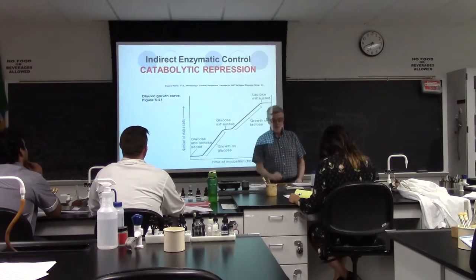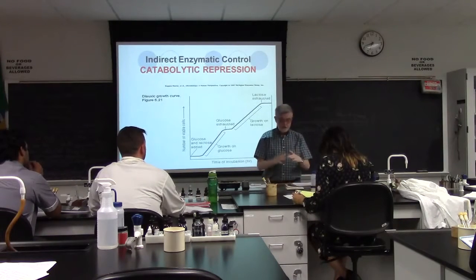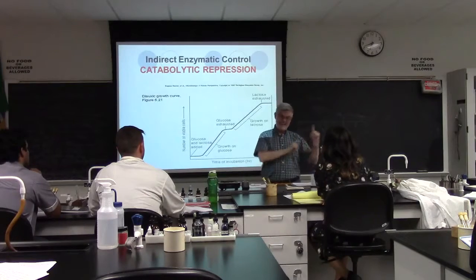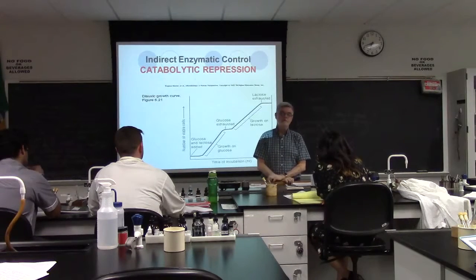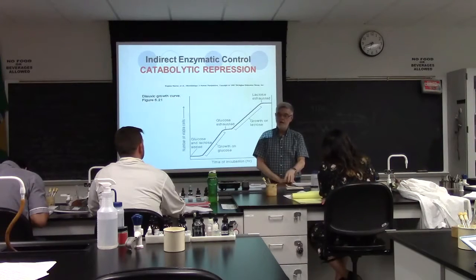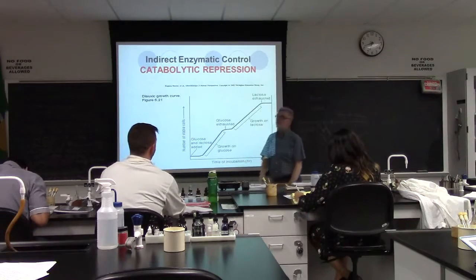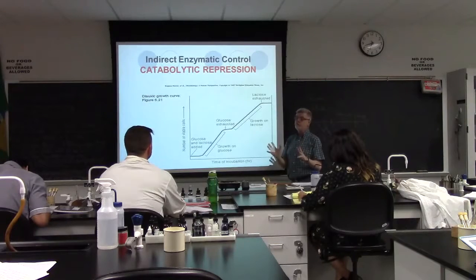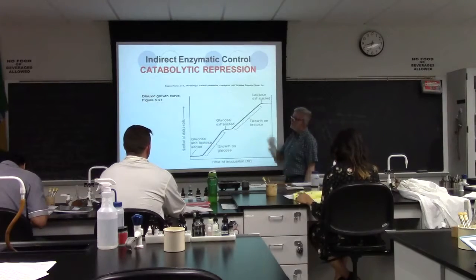Here's what happens. When a cell, like E. coli, is put into a dish where both a constitutive substrate and an inducible substrate exist at the same time, the plasma membrane forbids the inducible substrate from passing through. We have no idea how the plasma membrane controls lactose passing through it. All we know is, if you put E. coli in a plate with both glucose and lactose, it will eat all the glucose, and the plasma membrane is impermeable to lactose until the glucose is gone.